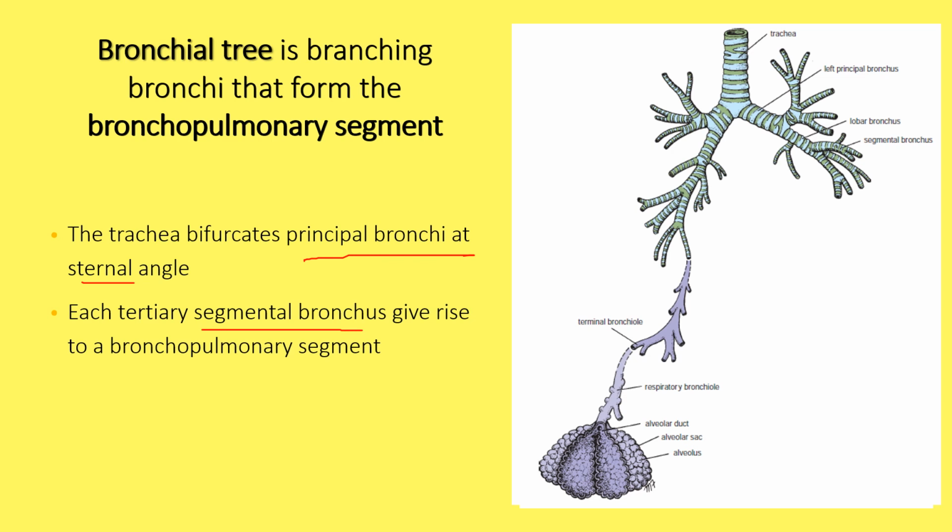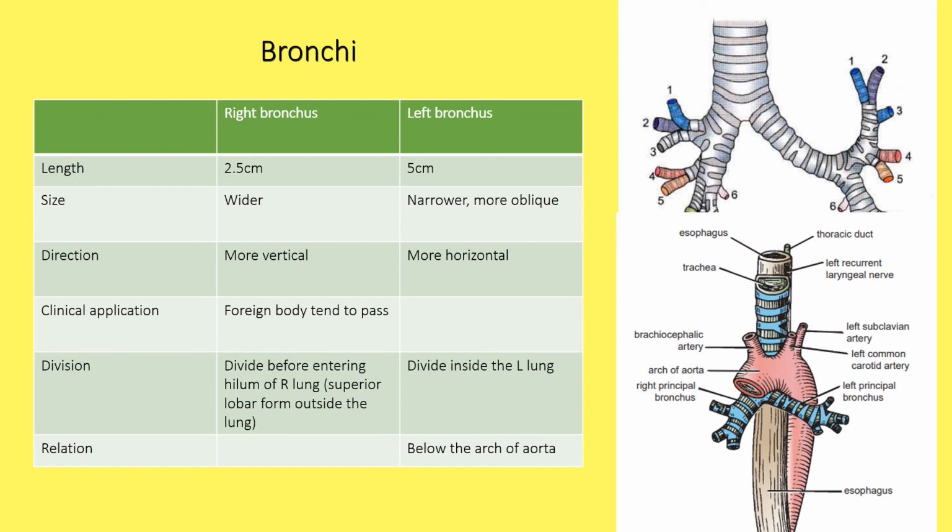Each bronchopulmonary segment has its own segmental bronchus that originates from the principal bronchi.